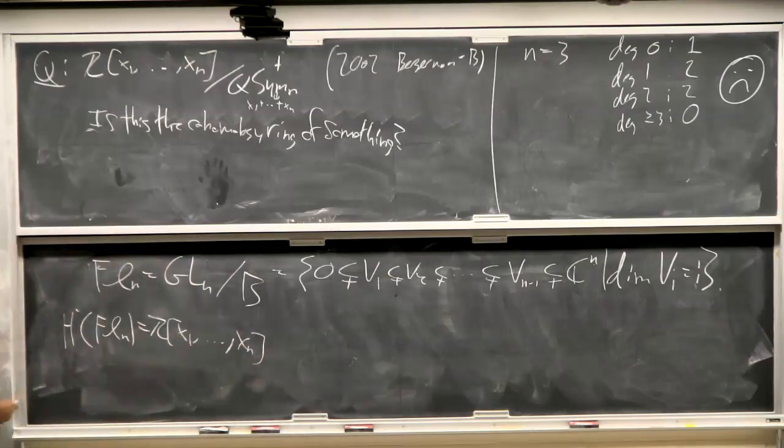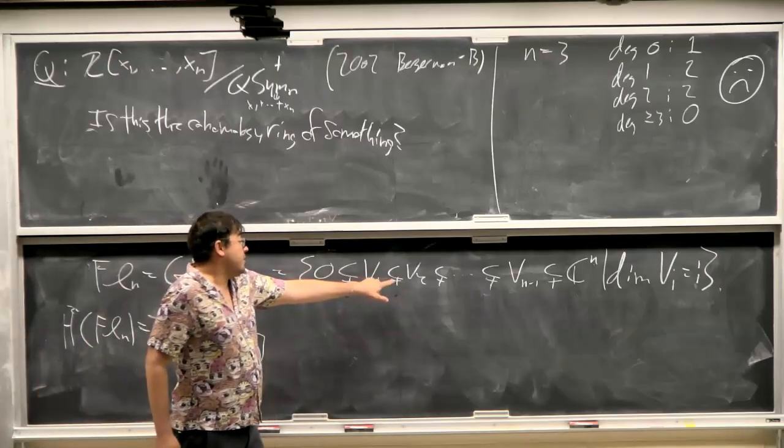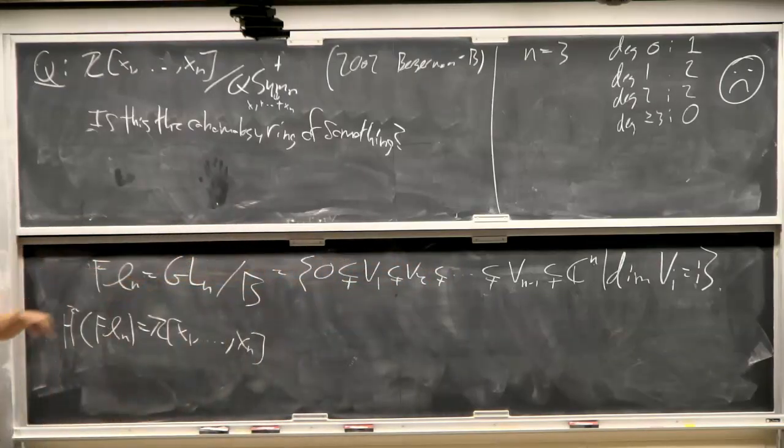It's generated in degree 1, I'll write 2, I guess, because technically they're in degree 2 because everything is complex, but I don't want to deal with that. So it's generated by some line bundles that naturally exist on the flag variety. These are the Chern classes of the consecutive quotients of the tautological flag of subspaces. Doesn't matter. This is generated by some line bundles.